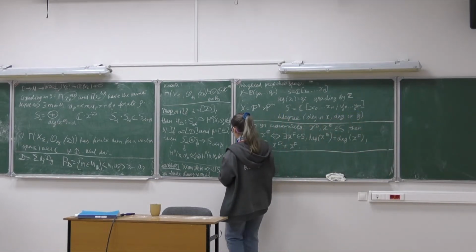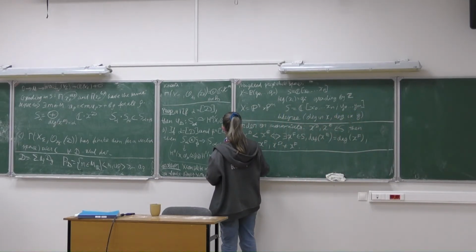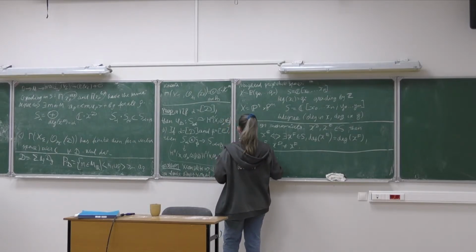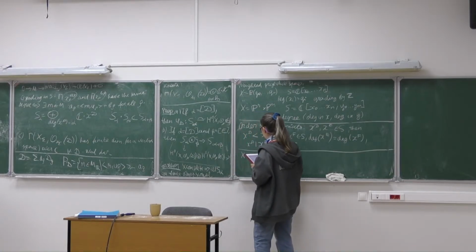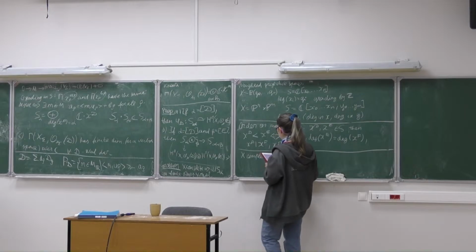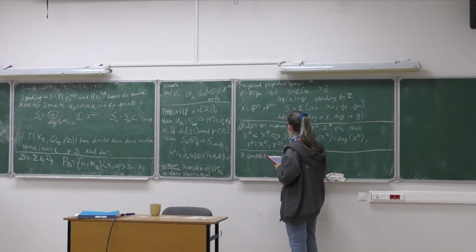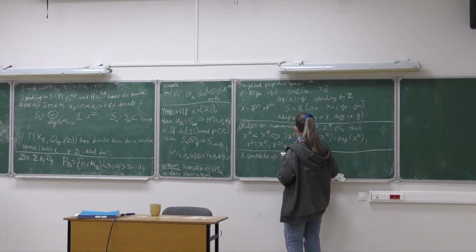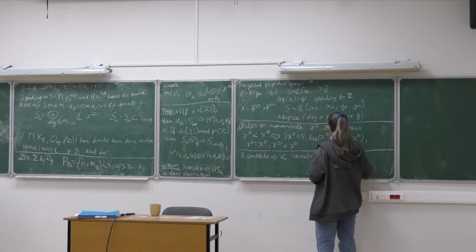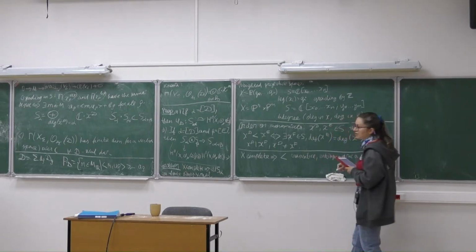So if X is complete, then this order is transitive, antisymmetric, and multiplicative.